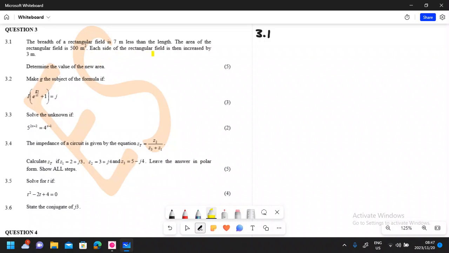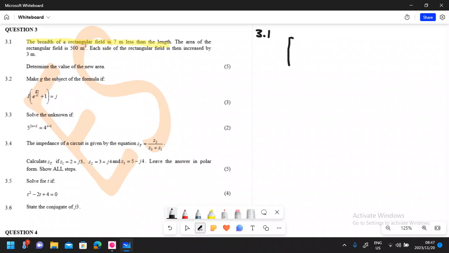Each side of the rectangular field is then increased by 3 meters. All right, so guys, it's time for us to analyze this. So what we have here is the breadth of the rectangular field, which is 7 meters less than the length. Let's stop here and let's try to analyze this. So we have the rectangular field.